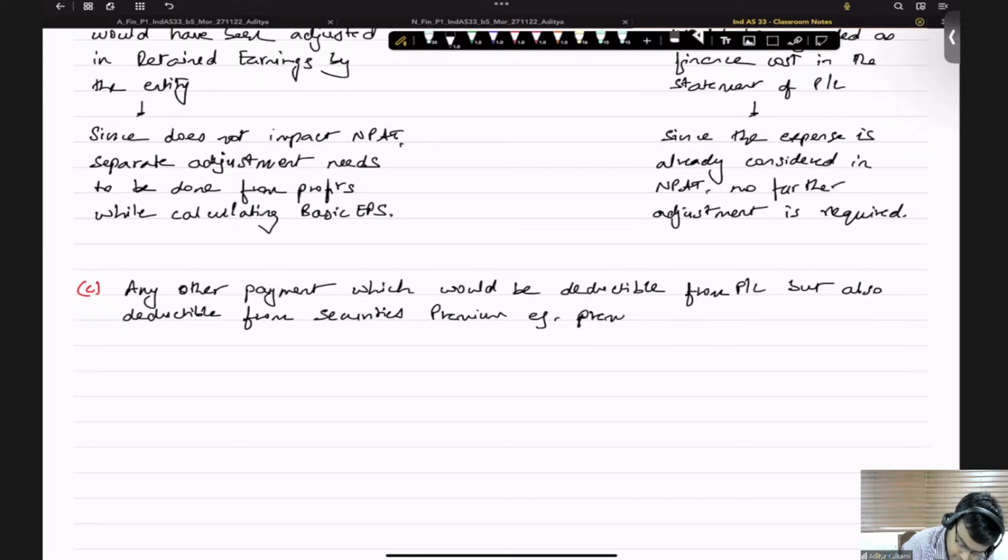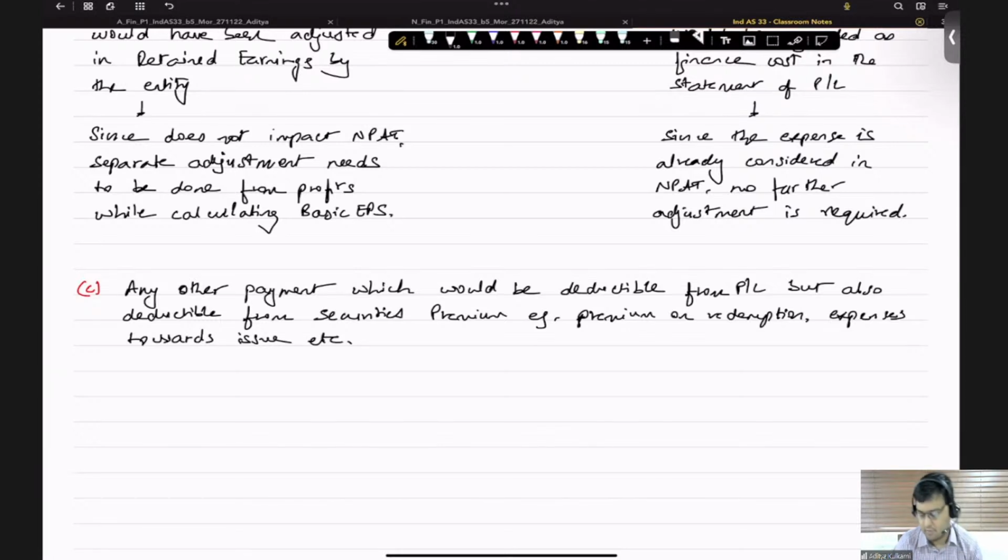Example, premium on redemption, expenses towards issue, etc. So these are the three categories which will have to be considered separately while determining your net profit attributable to equity shareholders.